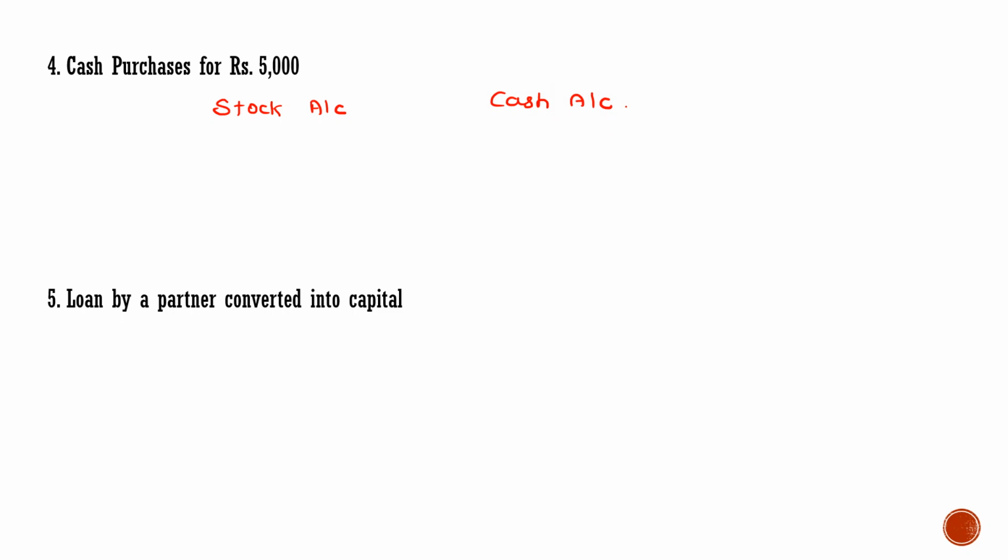When you're making the purchase, your stock goes up by 5,000, so assets increase in the form of stock by 5,000. But you're paying cash, so cash is going to get reduced. So another asset in the form of cash is going down. Through this transaction, you find that one asset has increased and another asset has decreased. So on the accounting equation, the effect on the asset side is nullified by this transaction.